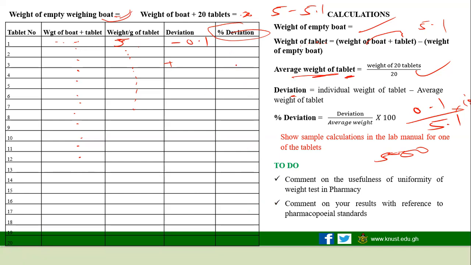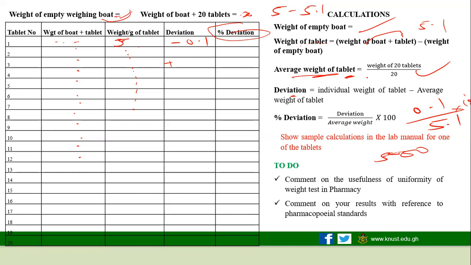If one value is more than 5%, we have passed. If two of these are more than 5%, we have passed. If three of them are more than 5%, then we have failed, because we are saying that not more than two of the tablets should deviate by a percentage greater than that which is provided in the table.